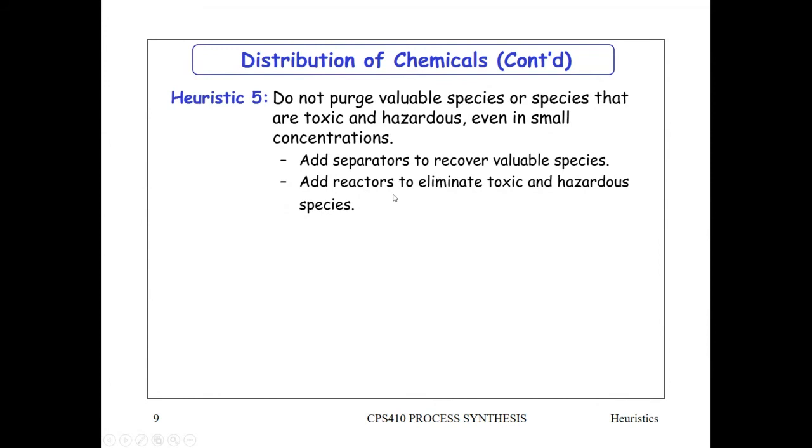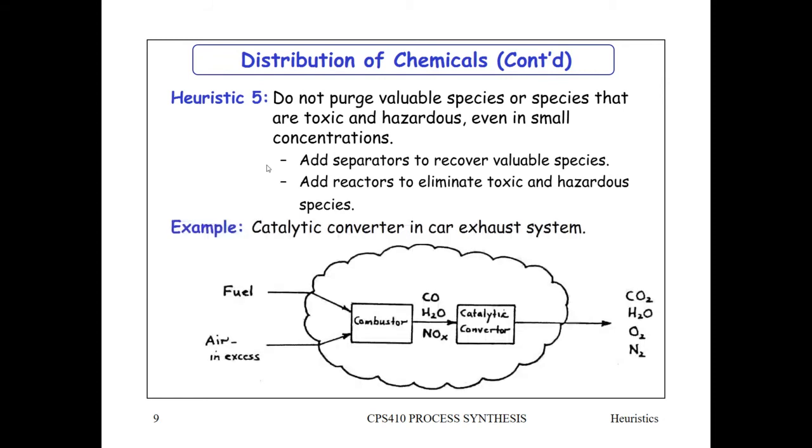The flare is simply a combustion reactor to eliminate the toxic and hazardous species, and that is CO. Okay, so in the ammonia example, we did both of these things. We added a separator to recover the hydrogen, and we added a reactor to eliminate the toxic and hazardous species.